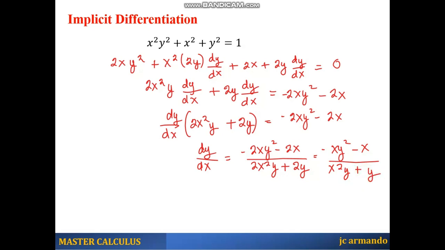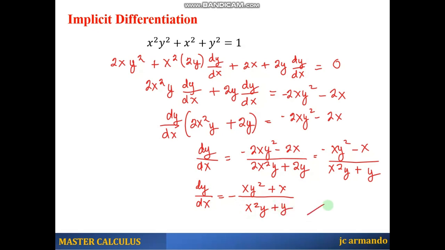Let's check again. Negative 2xy squared minus 2x divided by 2x squared y plus 2y, dividing all terms by 2, we have negative xy squared minus x over x squared y plus y. We can also put the negative outside, so you change the sign of the terms in the numerator: negative of xy squared plus x divided by x squared y plus y.